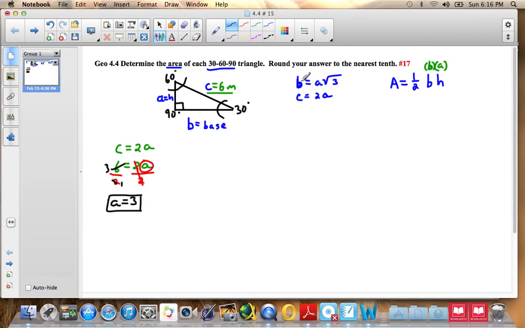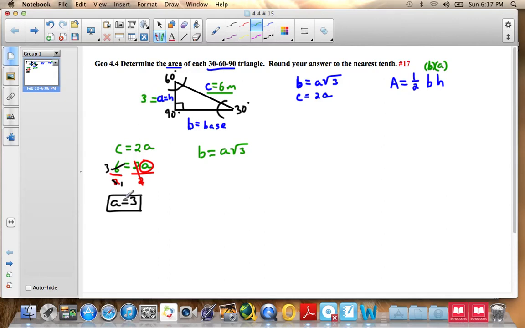Now, I still need to solve for B. To solve for B, I'm using my equation B equals A square root of 3. And we've already established that A is equal to 3, right?